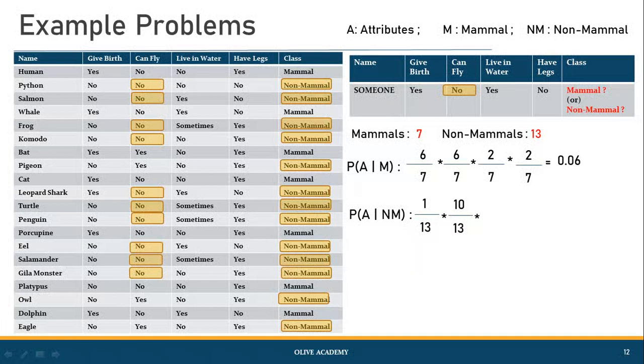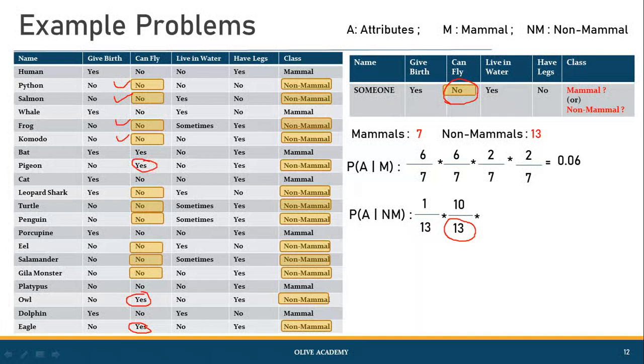Remember that these two are not counted because they have the value yes, but we are not interested in calculating the yes because we have been given an example of identifying no. So we just need to count the number of no values against the non-mammals. Out of 13 non-mammals, we have 10 as no and 3 as yes. But here we need to calculate only no.